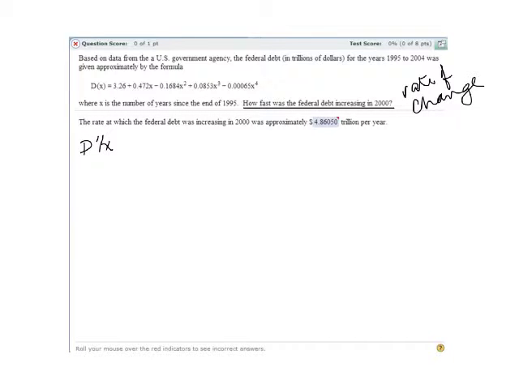The derivative of d with respect to x is, let's see, 3.26, that derivative is 0, plus the derivative of 0.472x is 0.472, minus 0.1684 times 2x is going to be 0.3368x.